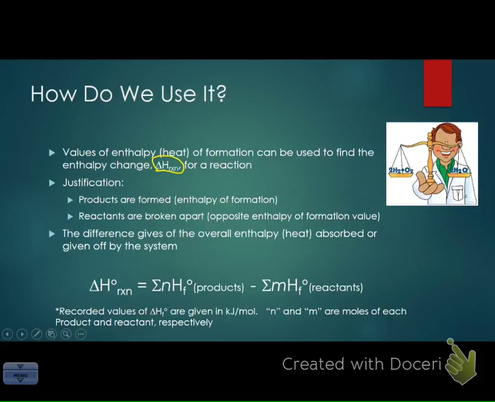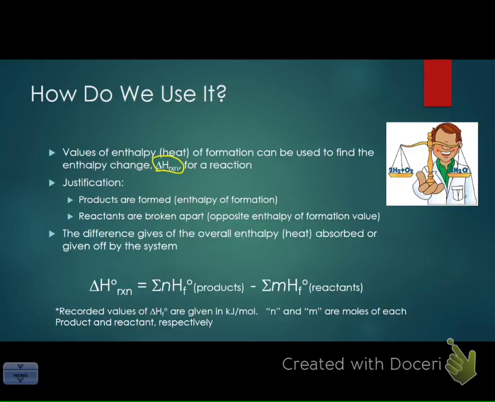When we make a reaction, we form products. So there will be an enthalpy associated with forming all of those new chemical bonds. The reactants are the opposite. Their bonds need to be broken apart. So basically you have an exothermic product formation and an endothermic reactant activity, if you will, to break those bonds.